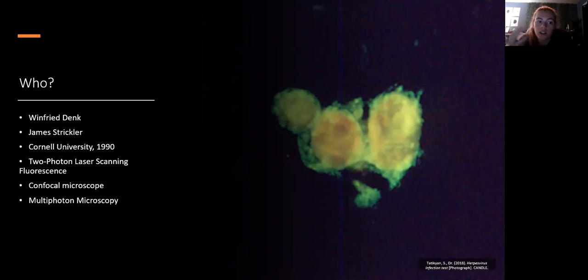So then they created a one-photon excitation fluorescent machine, a two-photon excitation fluorescent machine, and then finally a multi-photon fluorescent machine. So a multi-photon microscope is the combination of a two-photon excitation fluorescence and a confocal microscope.